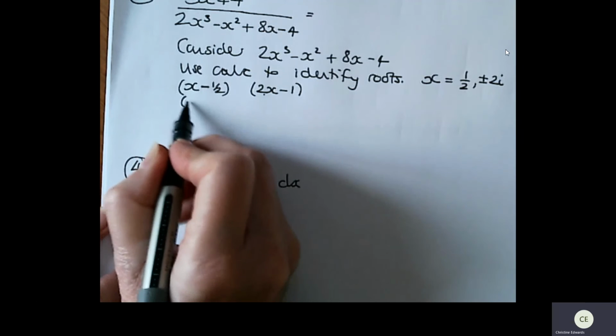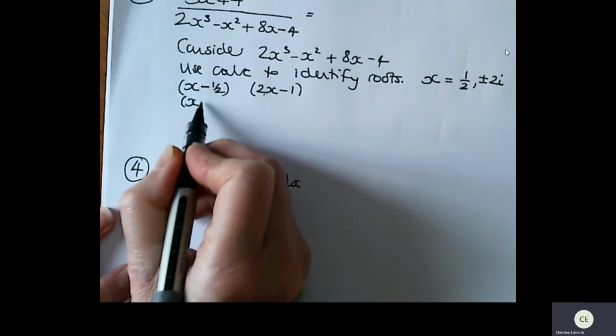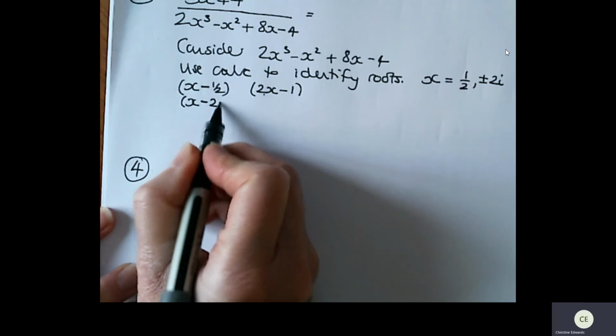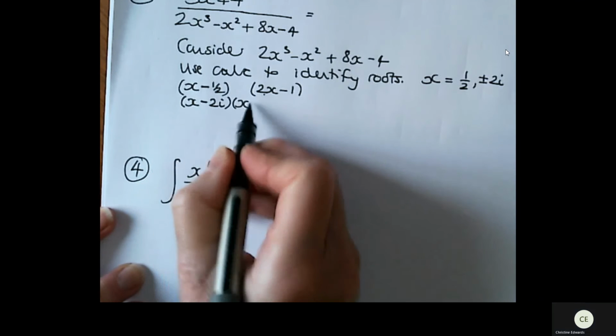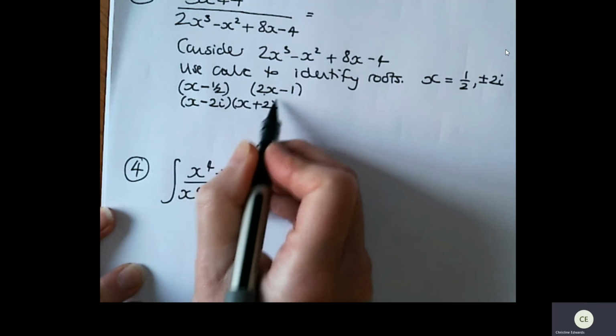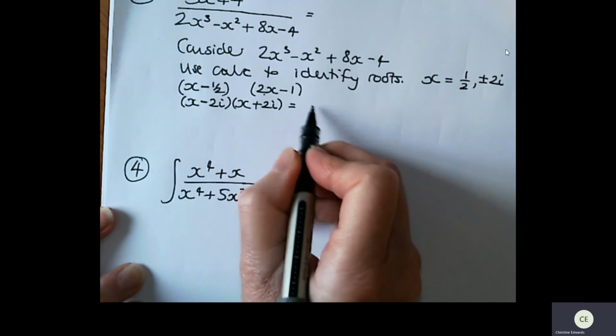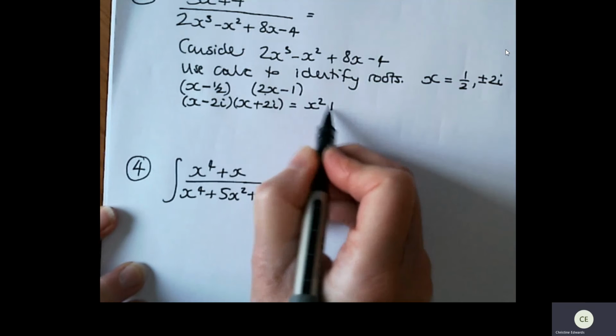I then need to think about the plus and minus 2i. So if I have x minus 2i and x plus 2i, if I expand that, I will get x squared plus 4.